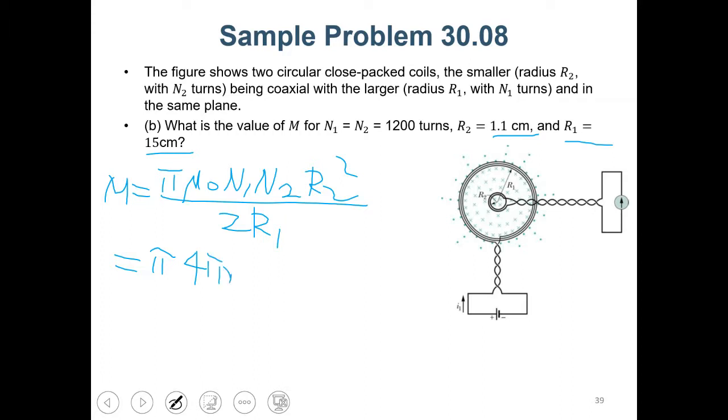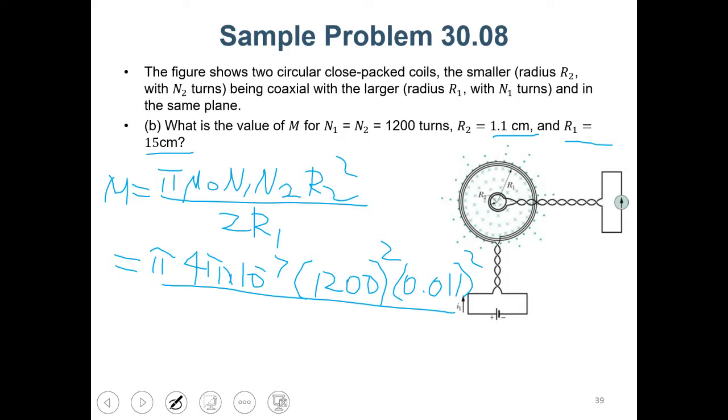Mu 0 is 4 pi times 10 to the minus 7. N1 and N2 are 1,200. And R2 is 1.1 centimeter, so 0.011 squared, over 2 times 0.15. So we'll get mutual inductance equal to 2.29 millihenry, which is quite large.